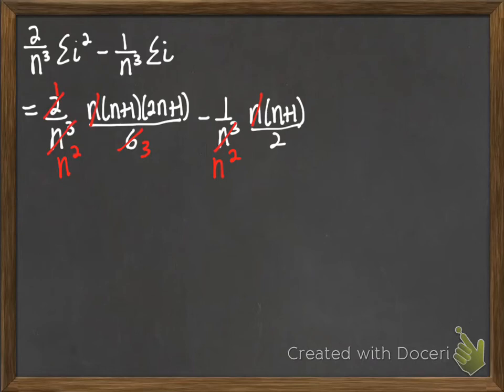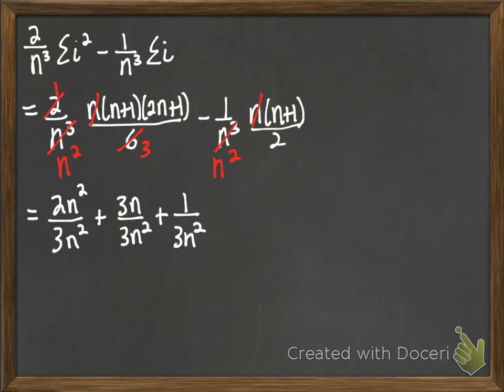Now, I'm going to go ahead and do a bunch of simplifying to save us a little bit of time. You may want to pause the video and kind of work this out on your own. But as we simplify now, after a couple steps of simplifying, we will have 2n squared over 3n squared plus 3n over 3n squared plus 1 over 3n squared.